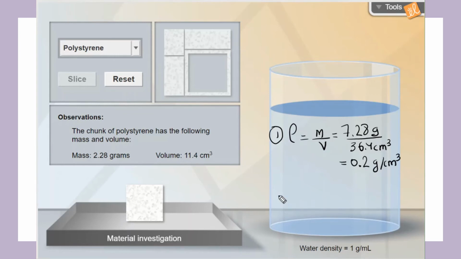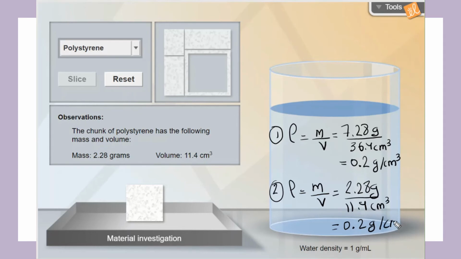For the second piece, density, which is mass over volume, is 2.28 grams over 11.4 cubic centimeters. And if you try this with your calculator, you would get 0.2 grams per cubic centimeter.